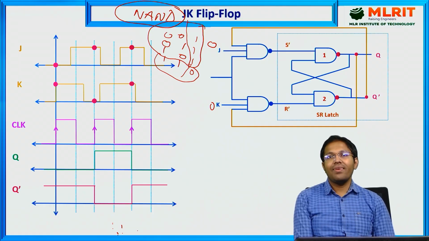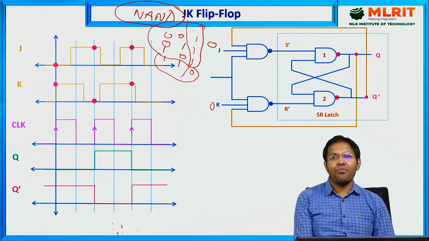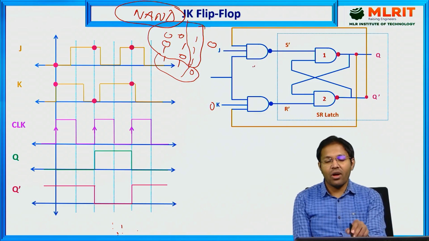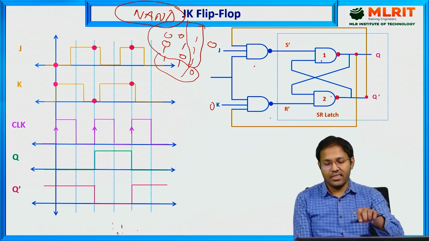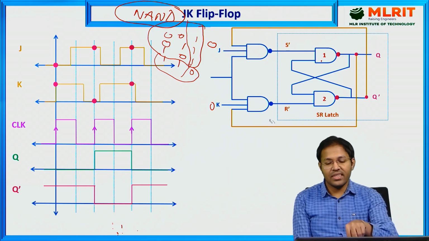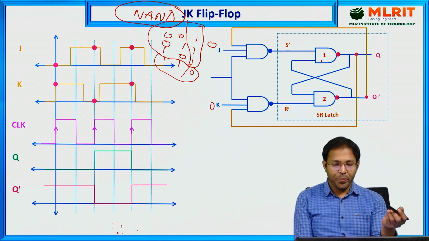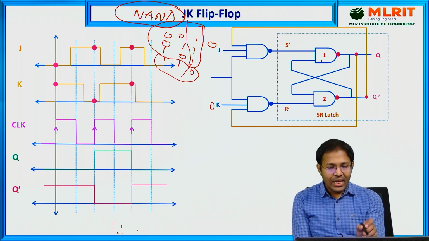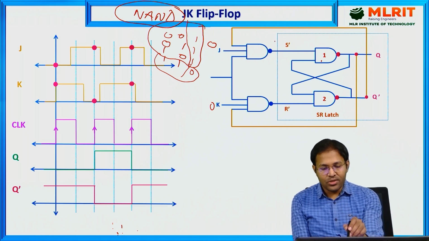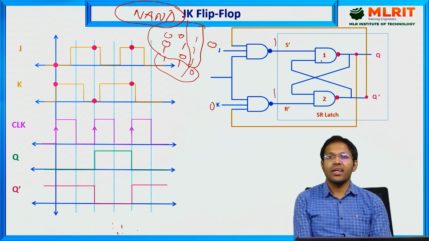Okay. Now let us understand the JK flip-flop functionality based on the NAND gates. If we look at the circuit diagram, all we have is simply NAND gates. So understanding the NAND gate functionality is enough to understand the functionality of JK flip-flop. So now when both the inputs are 0, according to this, the output is 1. So we have 1 here, we have 1 here.